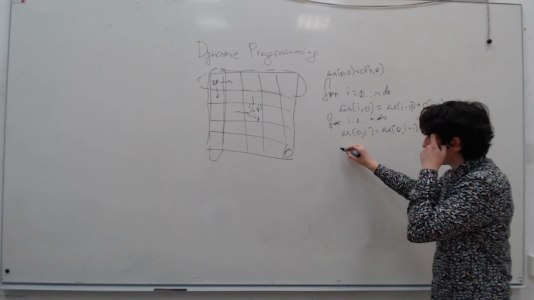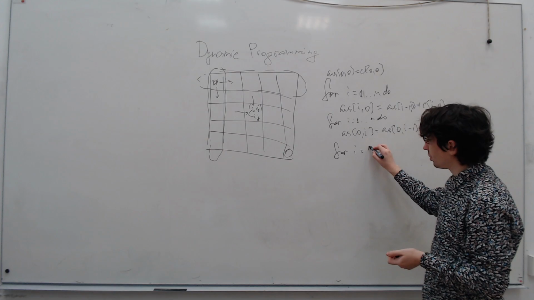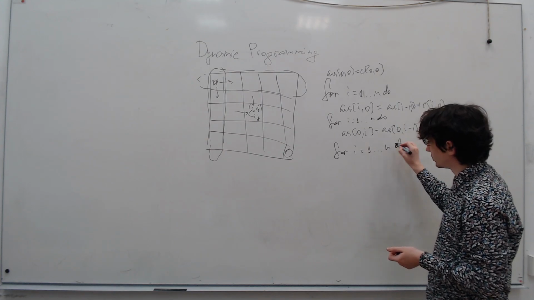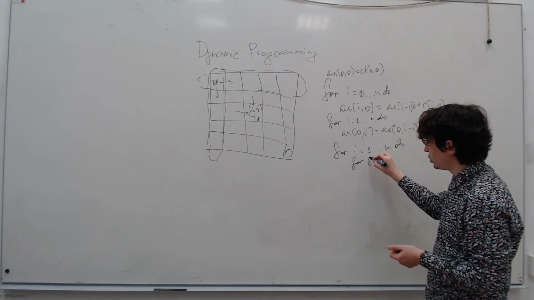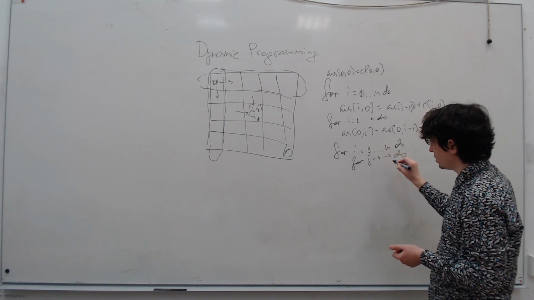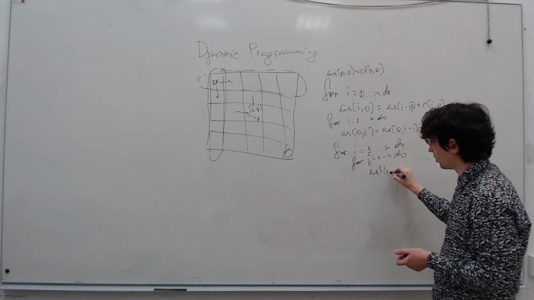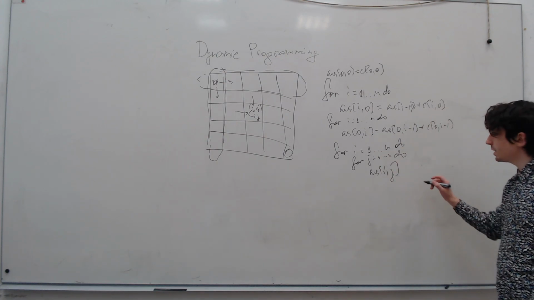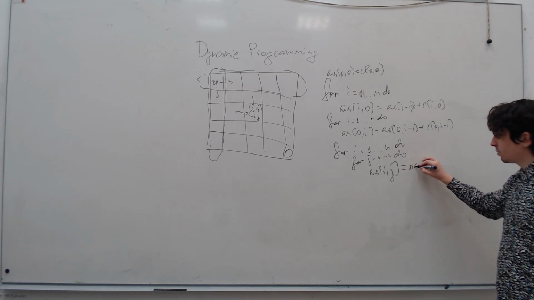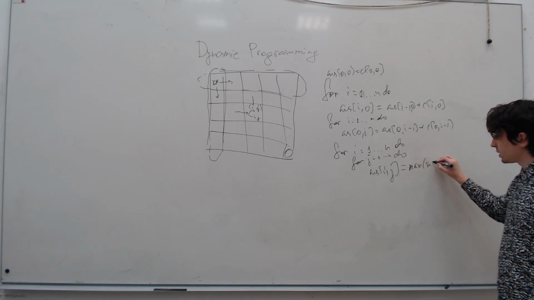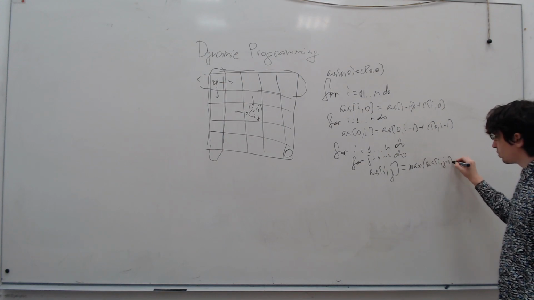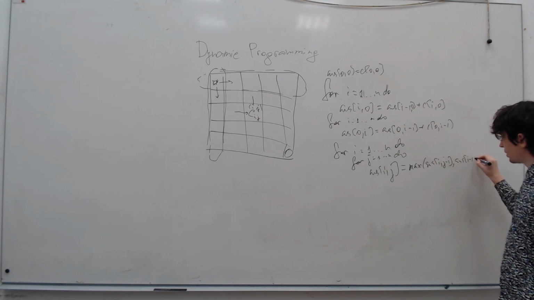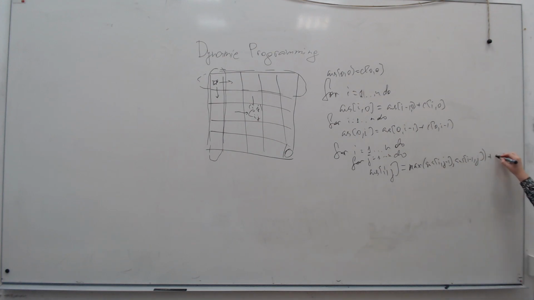And then finally, we calculate the whole rest: from 1 to n, for j to n, we want to calculate answer for ij, and we know that we can go there only from 2 other states, so we say maximum of ans i,j-1 and ans i-1,j, plus C of ij. Okay, good.